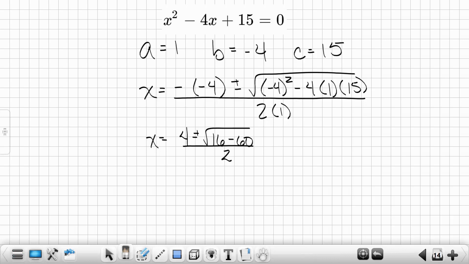I would prefer 3 steps, but 2 will get us there. 16 minus 60 is negative 44, and it will be negative.